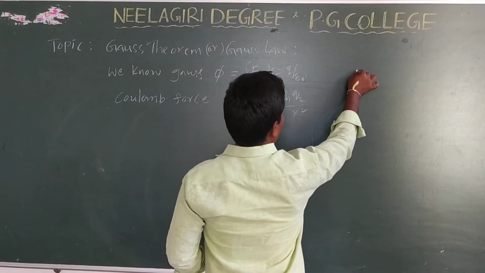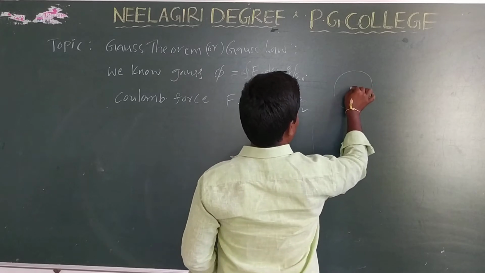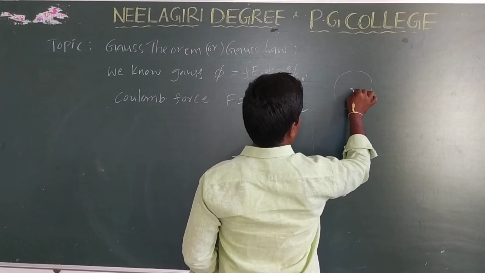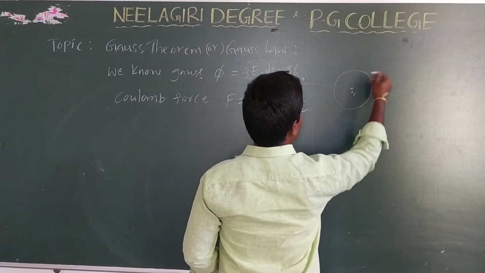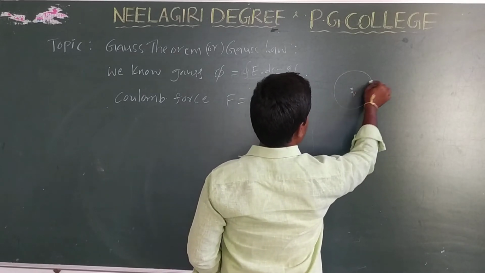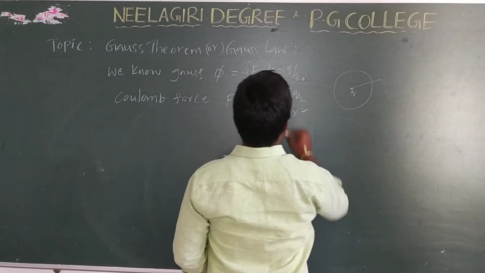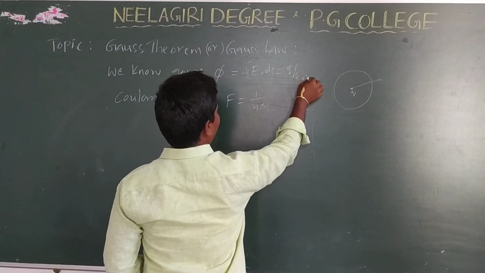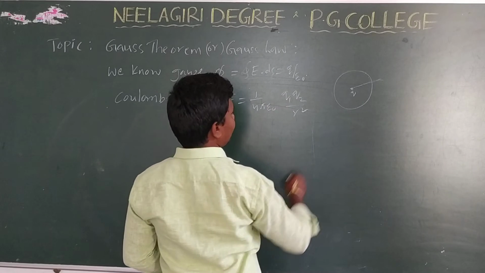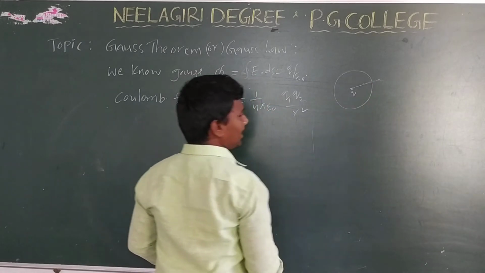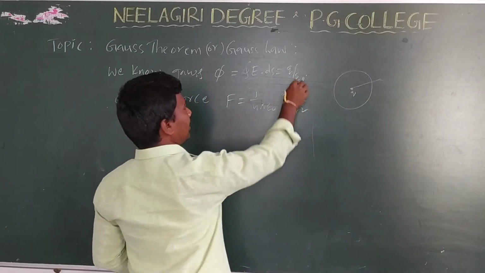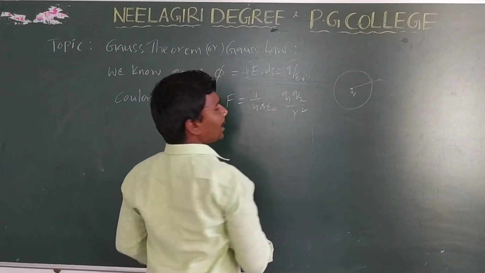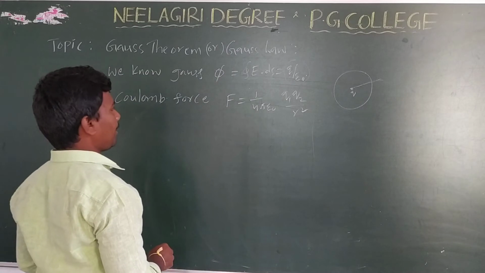We see a charged particle enclosed by this surface. This charged particle exhibits the electric flux. That flux value is equal to q by epsilon naught. That is the Gauss law. Whatever its shape, square or circular or triangular, any shape, that flux is q by epsilon naught. This is the Gauss law.